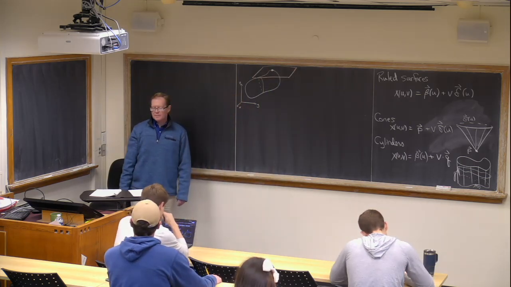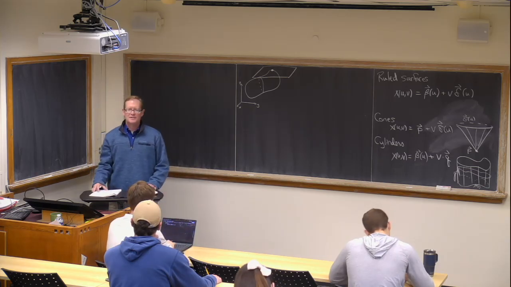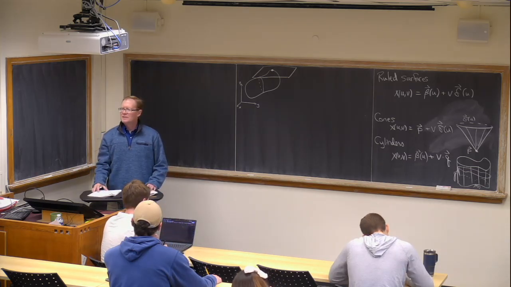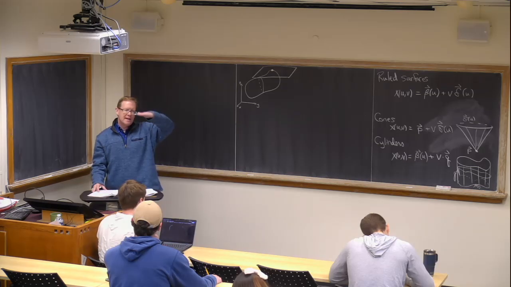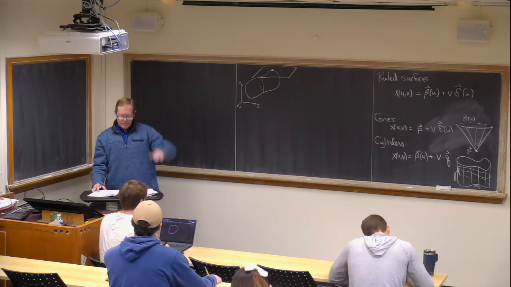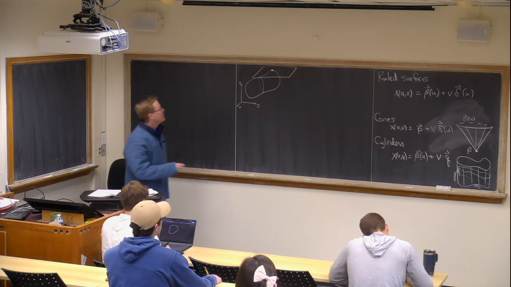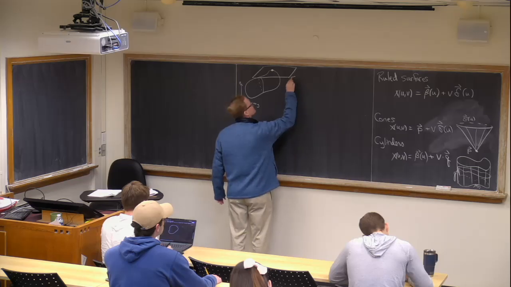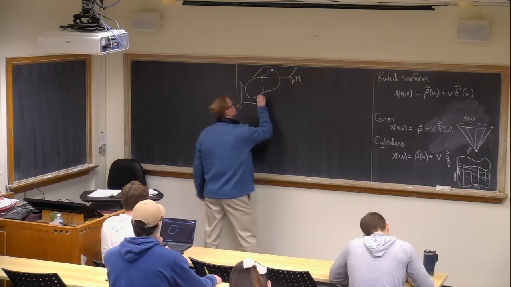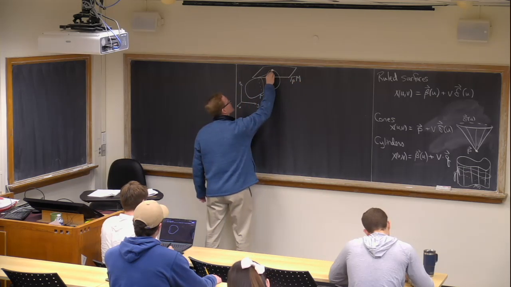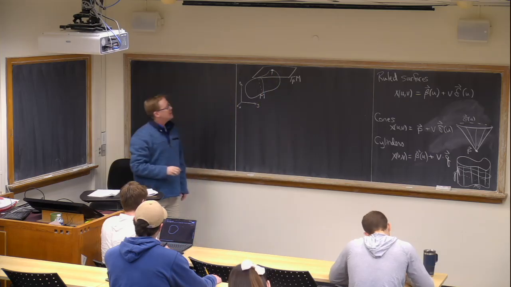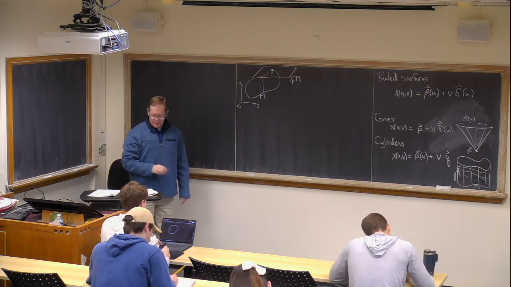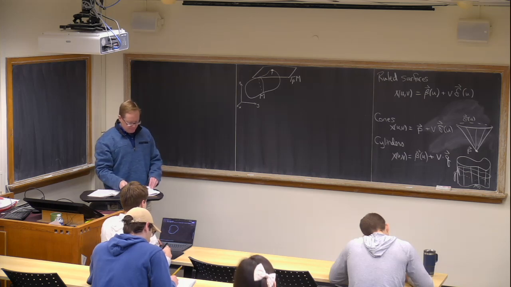I picked the point at the top because it's easiest for us to visualize, right? You all see that plane, it's tangent to the surface. And we need a definition for it. We call this thing T sub P of M. That is, if the surface is M, and this is the point P, then the tangent plane to M at the point P, we call T sub P of M.